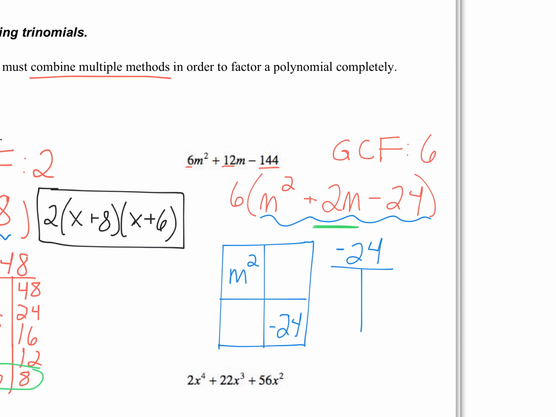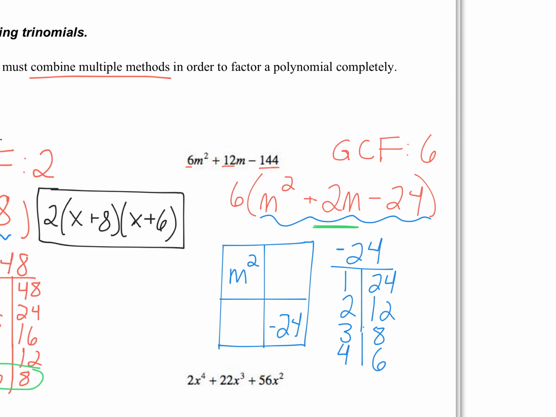So thinking about the factors of negative 24, we've got 1 and 24, 2 and 12, 3 and 8, my mistake. And then finally we have 4 and 6.